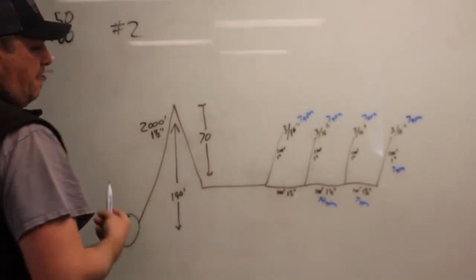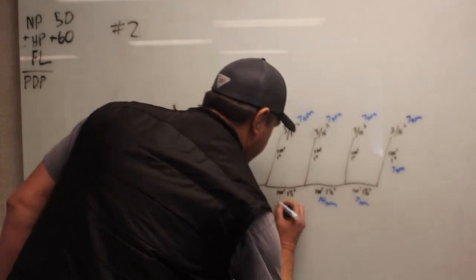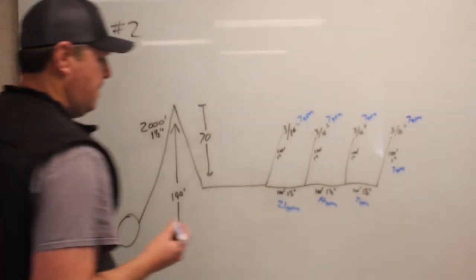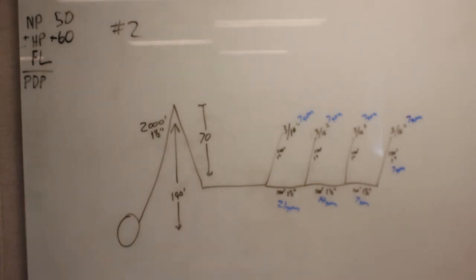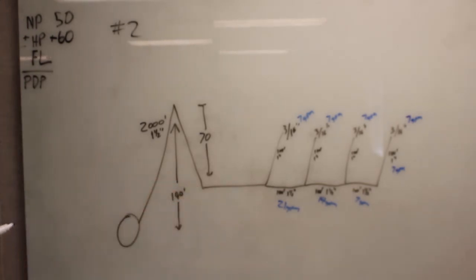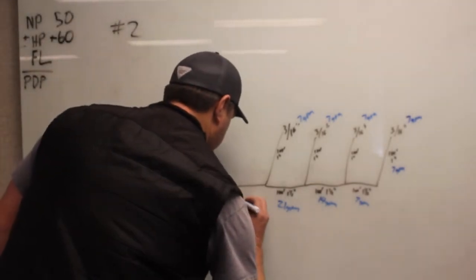All right, so I back it up one more time, and the next piece of 1.5-inch hose has 21 gallons per minute. Okay, and the next piece of 1.5-inch hose, which is the 2,000 foot mark here, has 1 more lat that it's feeding, so I'm looking at 28 gallons per minute.